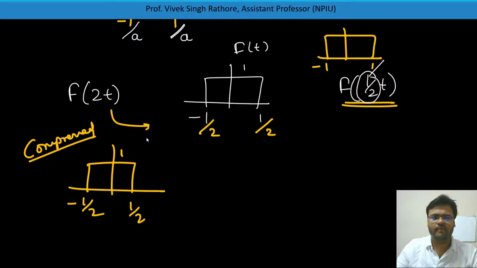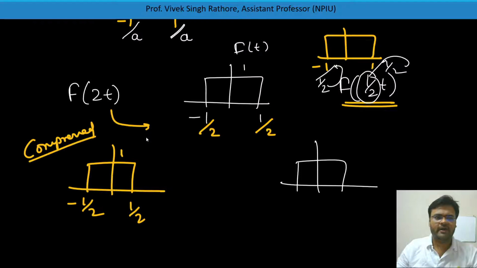So 1 by half and -1 by half, this will go up, this will go up, and this value will be minus 2, say 2, and magnitude will remain 1. So you will get to know that this signal which was earlier -1 to 1, it is now -2 to 2. So this signal has been expanded.